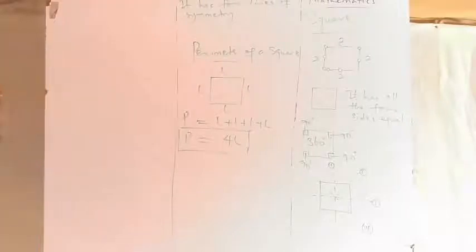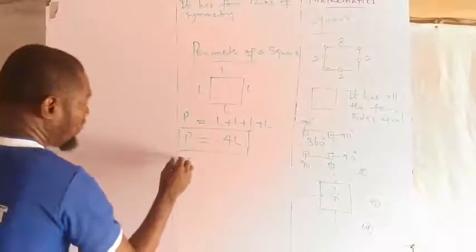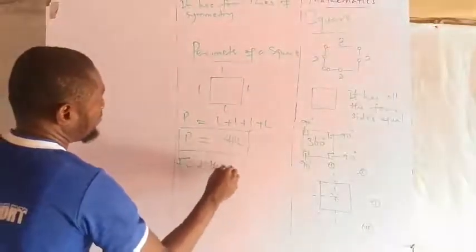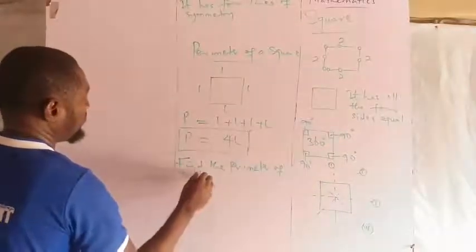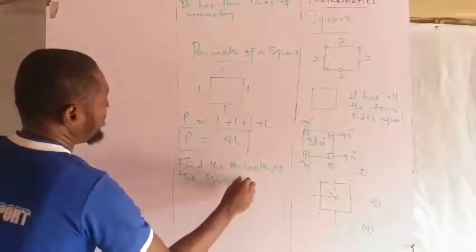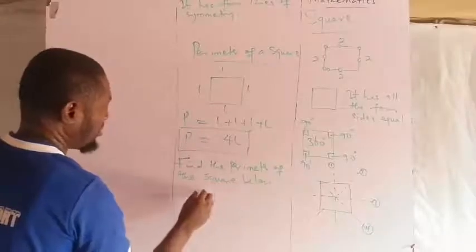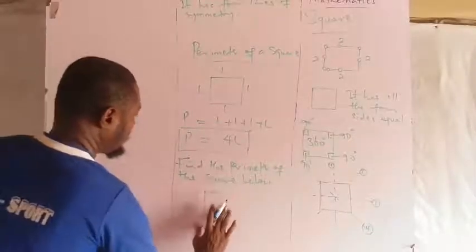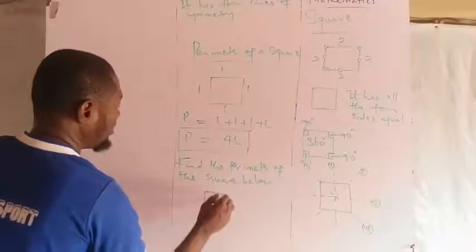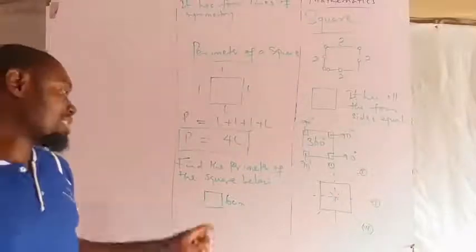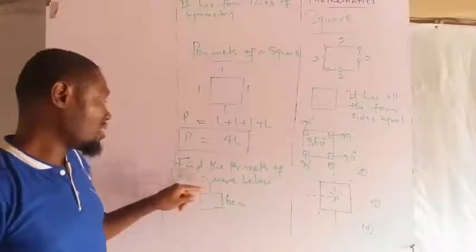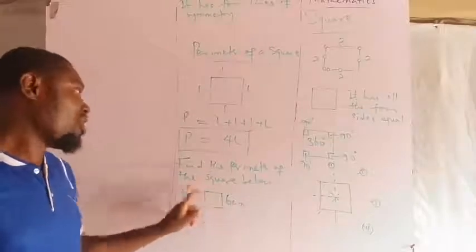So if you are given a problem to solve in mathematics, you might be asked to find the perimeter of the square. Below you have this square, and the length is 6 centimeters alone. It is your place to know that since here is 6 centimeters, here will be 6, here will be 6, here will be 6, then add all the 6 together.